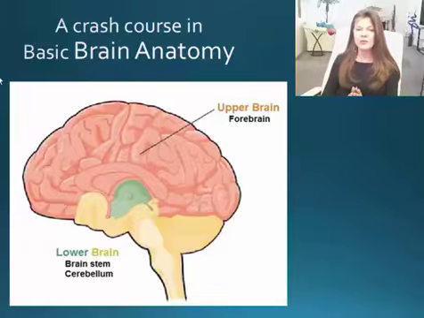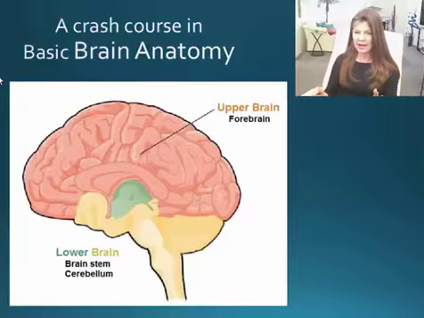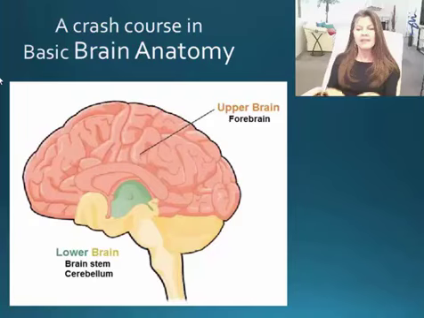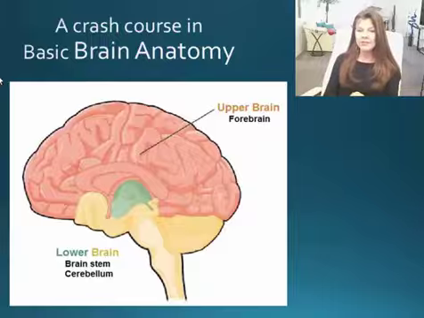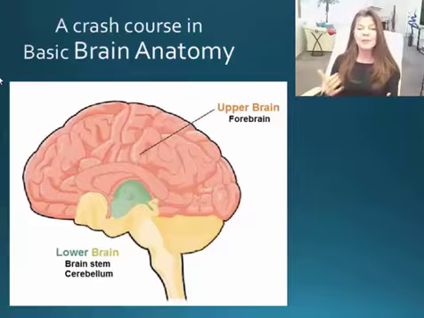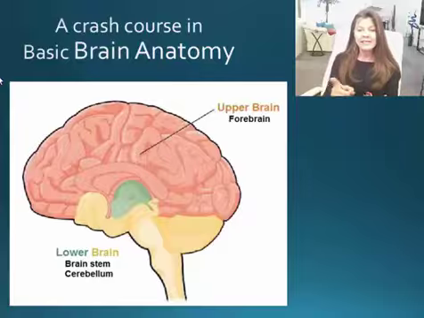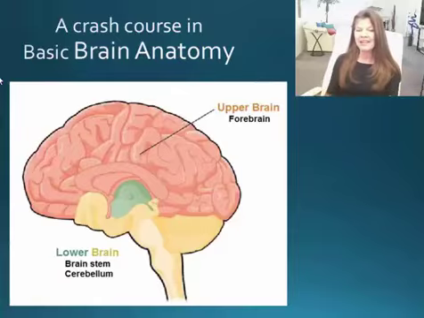As humans continued to evolve, layers were built over the lower brain, and this upper brain is called the forebrain. The forebrain is involved in complex thought and higher functions that differentiate humans from other species, in some cases for its existence, but mostly for its complexity, the complexity of its wiring.